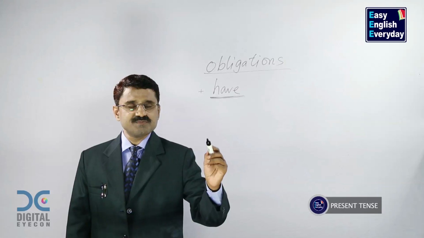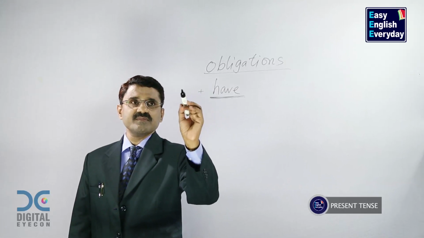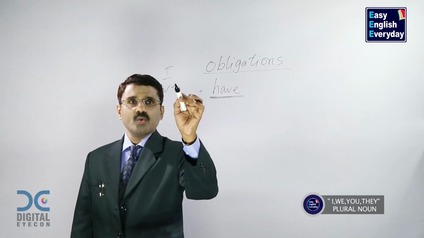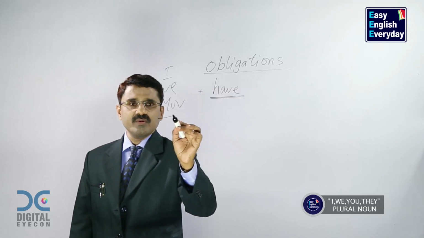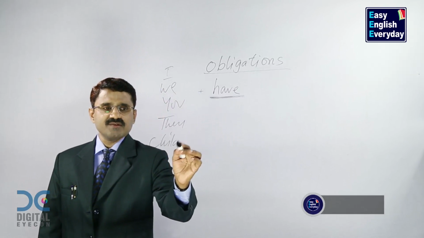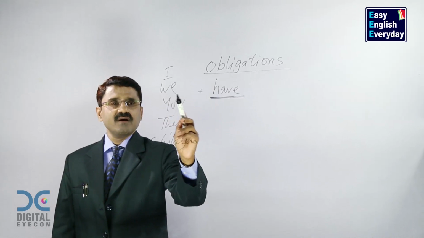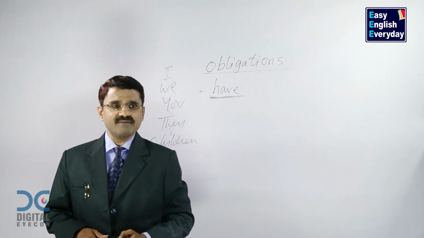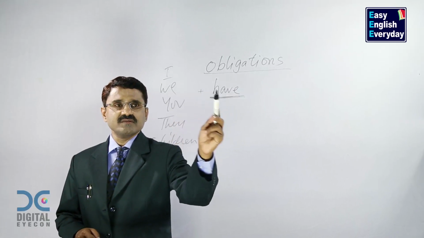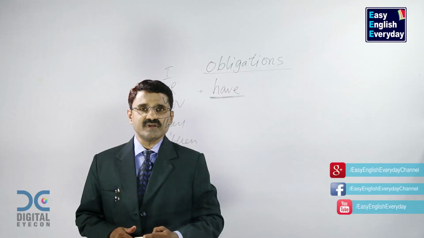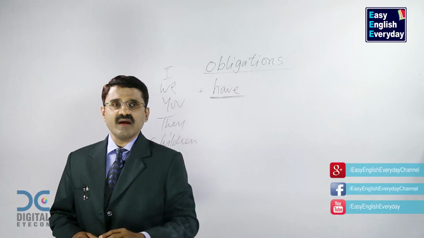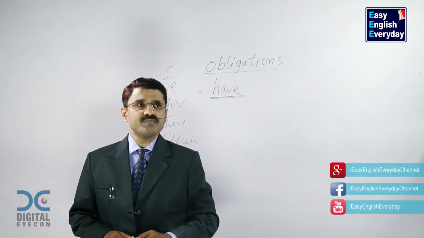He always indicates present tense, and you can use him with five people: I, we, you, they, any plural noun, let us say children. I have, we have, you have, they have, children have. So you have to repeat this loudly a number of times so that you remember who are those people who can go with have, and it indicates present tense.